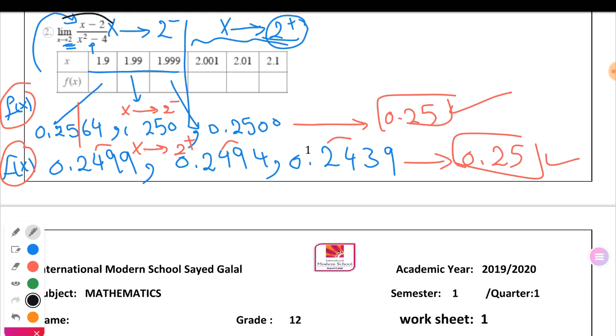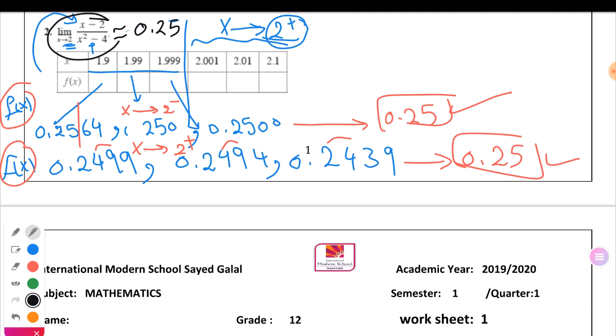This limit exists, and it will be the value of f(x), approximately 0.25. That is the limit. To find the limit of the function numerically, we make a table.